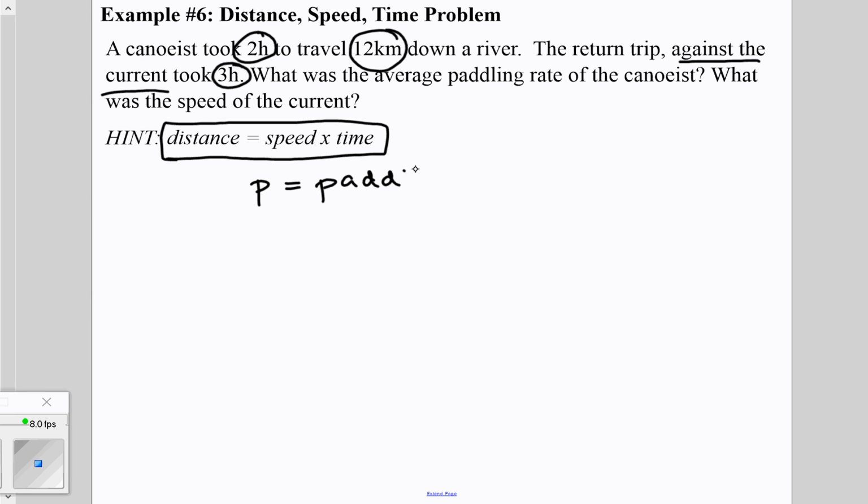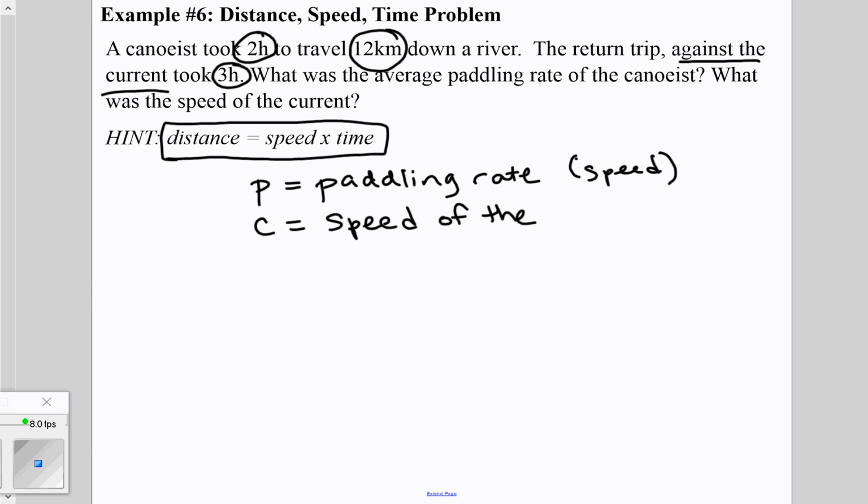The canoeist will be paddling at a certain speed. But we also need to know the speed of the current, because the speed of the current will either help the canoe to go faster or will slow it down, having the canoeist take longer to travel the same distance.